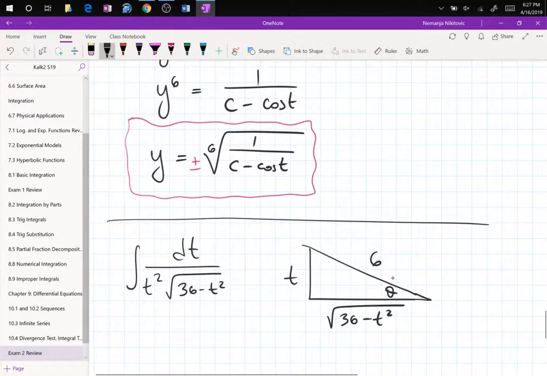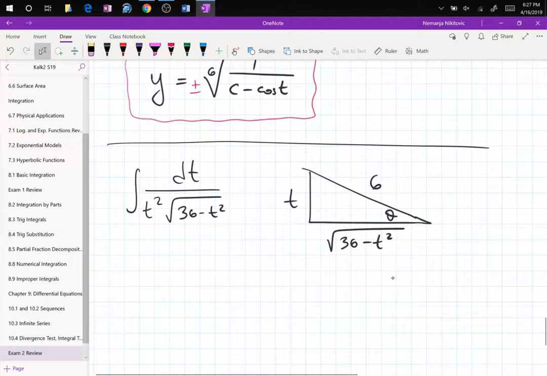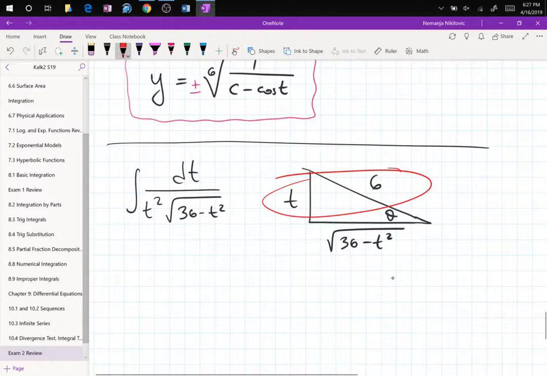You like this one? We do? Yeah. All right. So we have the red equation, which is going to be our sine equation. So sine theta is equal to t over 6. t is equal to 6 sine theta.